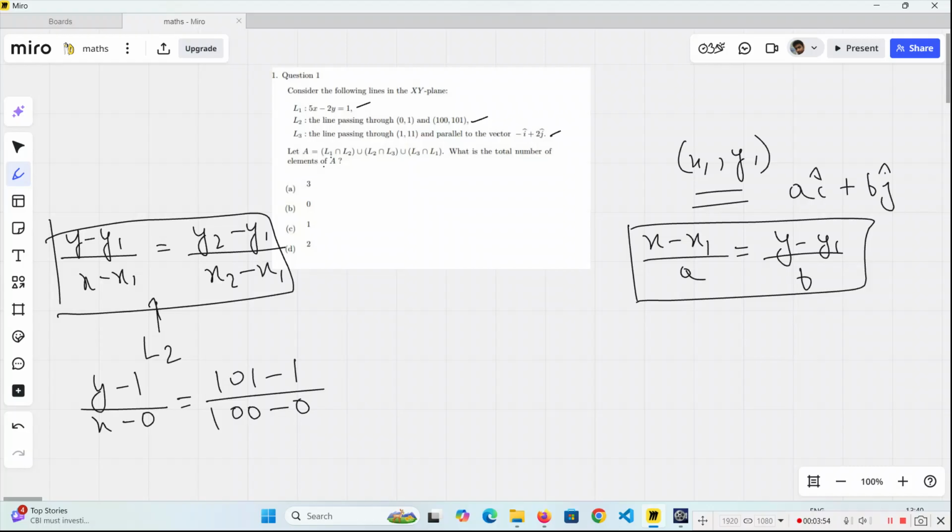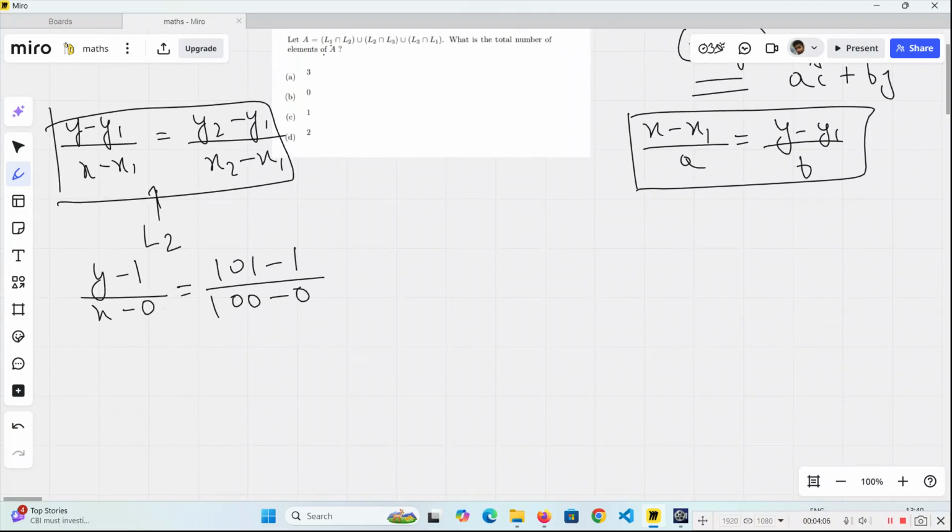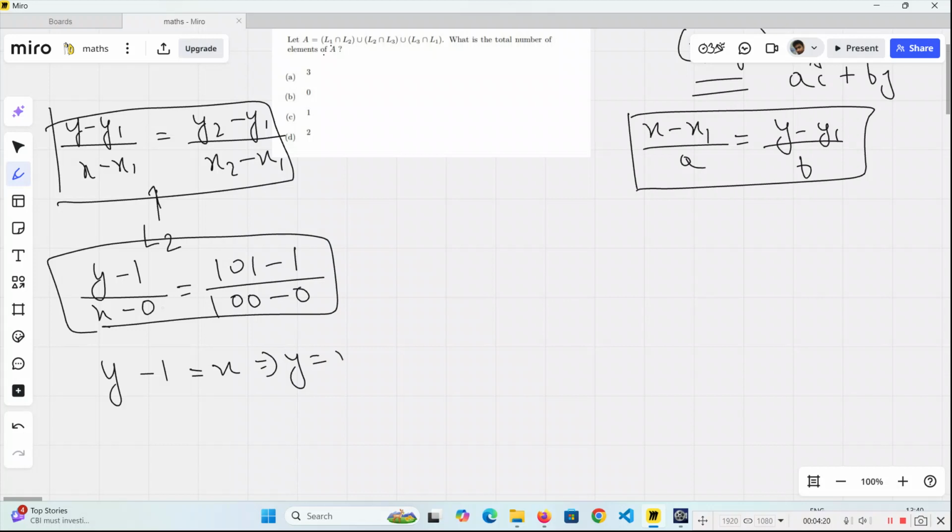Okay, so this is x2 minus x1. If I solve this, I'll be getting y minus 1 equals x. So y will be x plus 1. So this is the equation for L2.